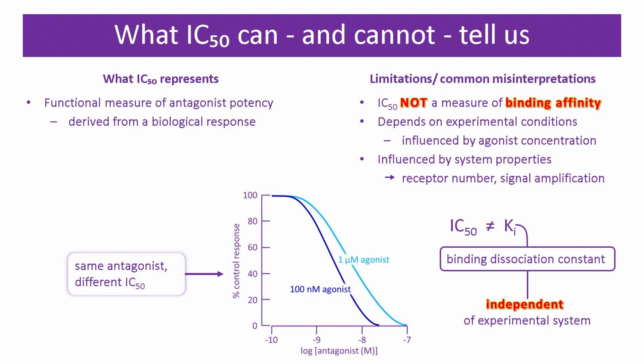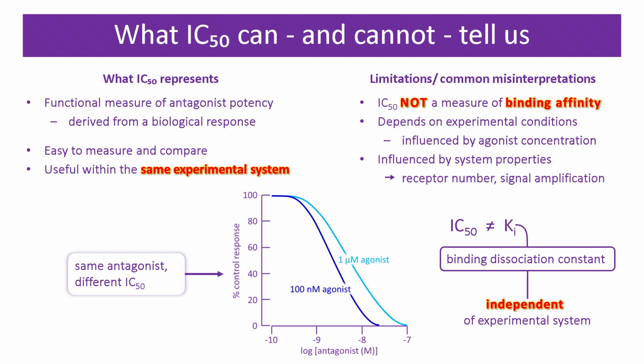Understanding this difference is essential when interpreting and comparing potency data. Nevertheless, IC₅₀ values are easy to measure and are a very useful indicator of relative potency when antagonists are tested within the same experimental system.